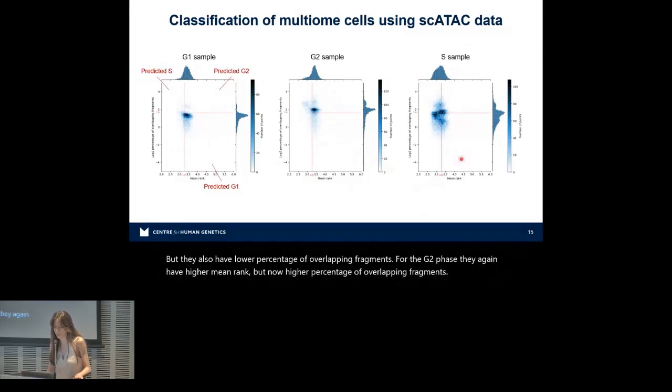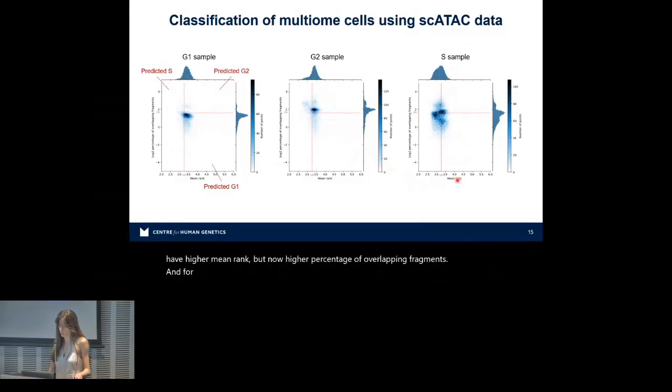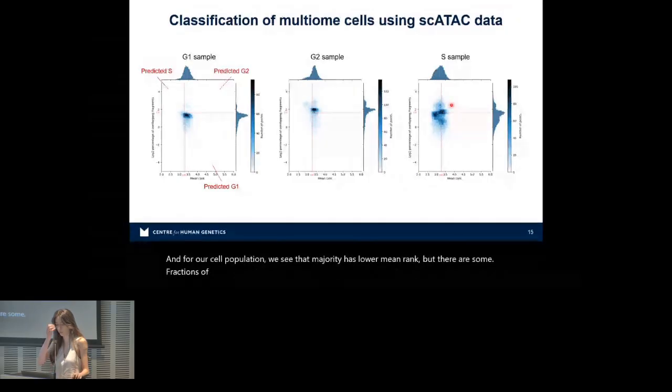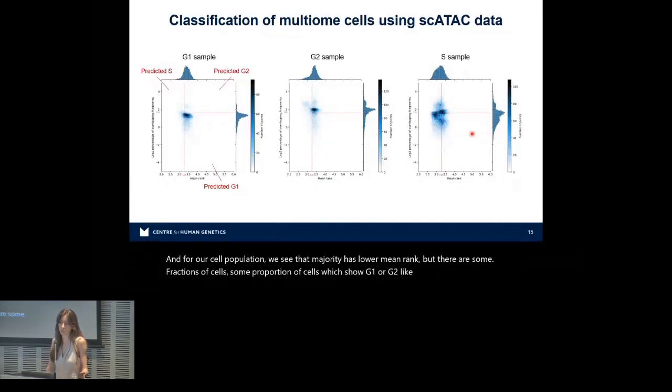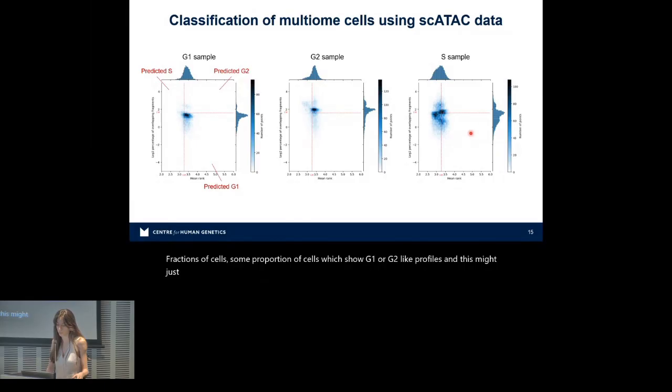And for our S phase cell population, the majority has lower mean rank, but there is some proportion of cells which show G1- or G2-like profiles, and this might just indicate the early and late S cells that are in early or late S phase.